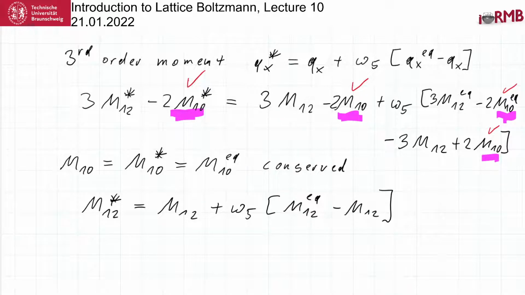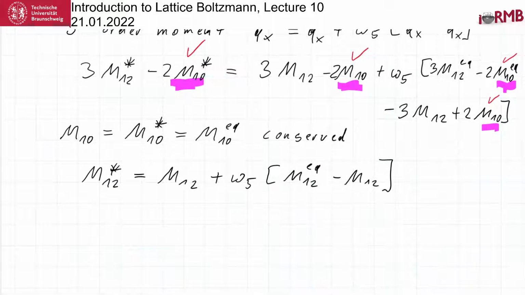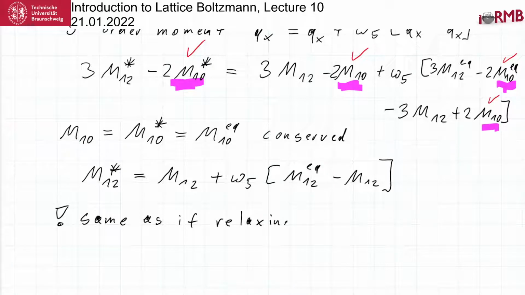So in that case, orthogonality and non-orthogonality doesn't make any difference. You do exactly the same as if relaxing raw countable moments. So no need for orthogonality in this case.